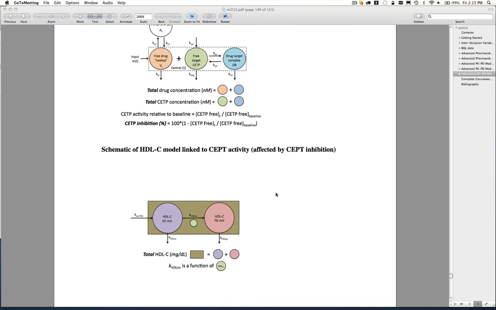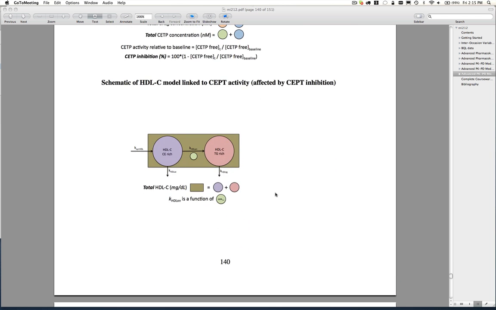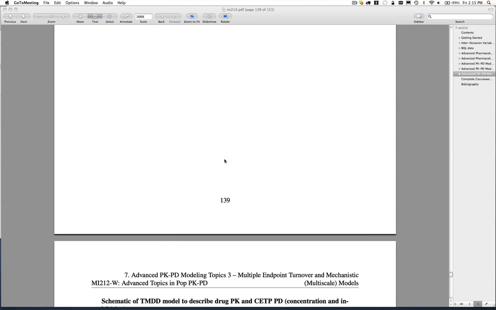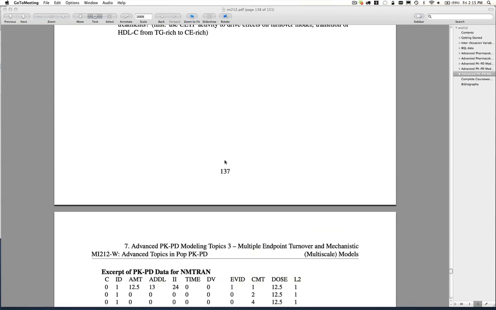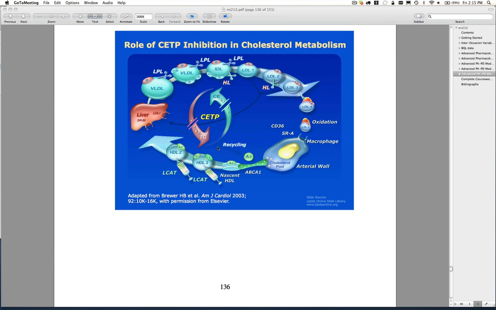And then getting down to the HDL cholesterol, again, you can think of this as the HDL3s and the HDL2s from that prior schematic back up here. So we're really just taking a box and throwing it around the 3s and the 2s here.